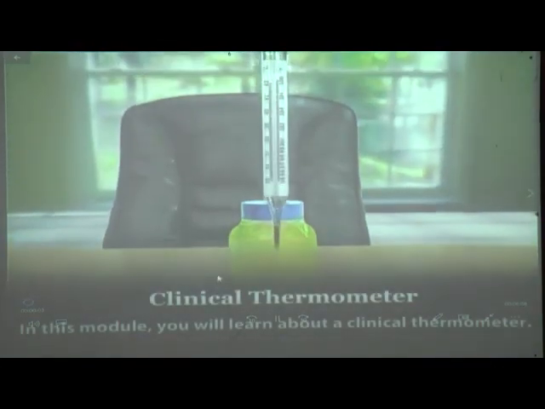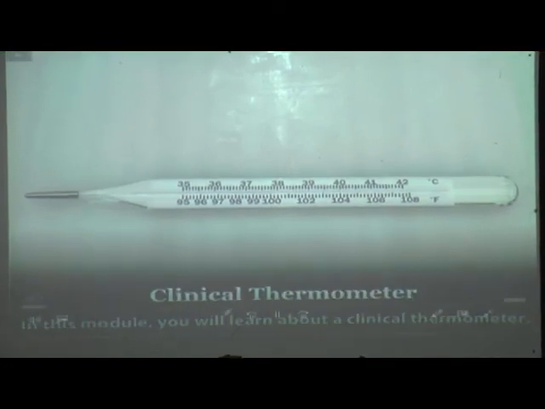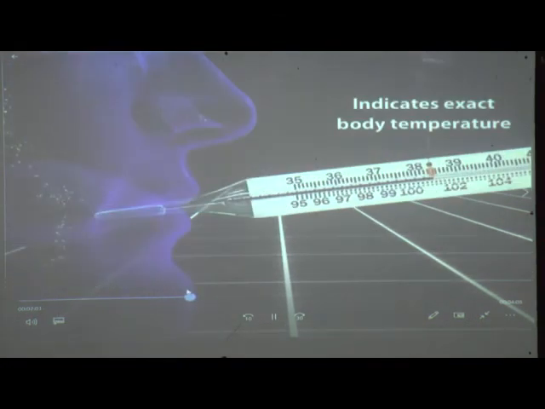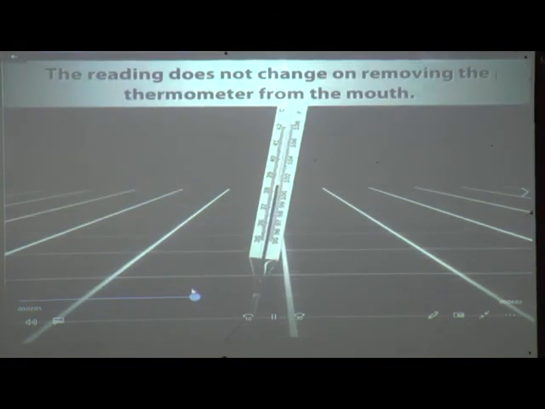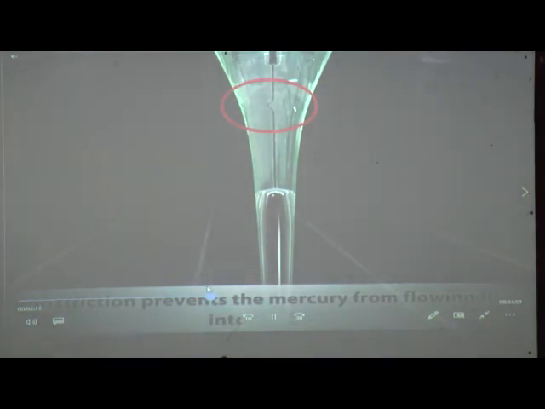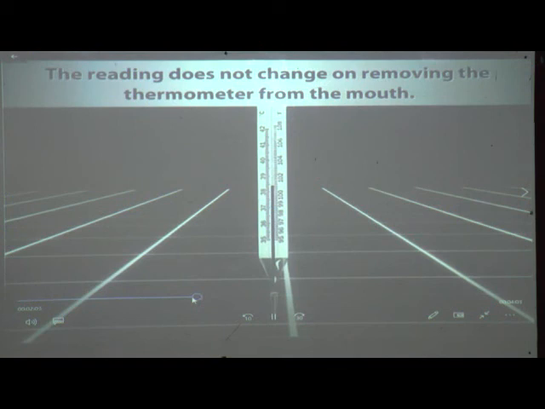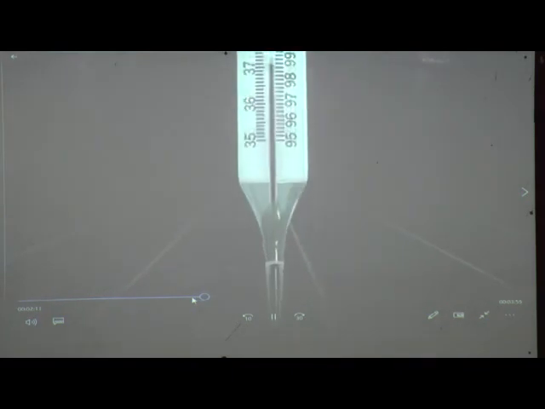Clinical thermometer. In this module, you will learn about a clinical thermometer. Your forehead, the constriction prevents the mercury from flowing. You may be wondering if the reading changes on removing the thermometer from the lamp. Well, it is not. The constriction prevents the mercury from flowing back into the bulb.